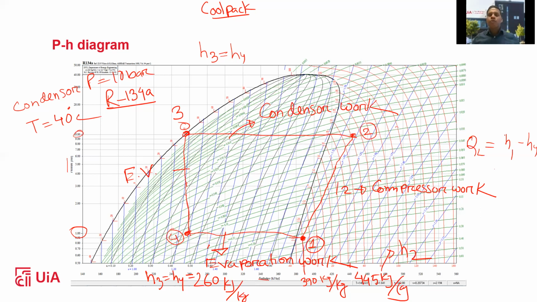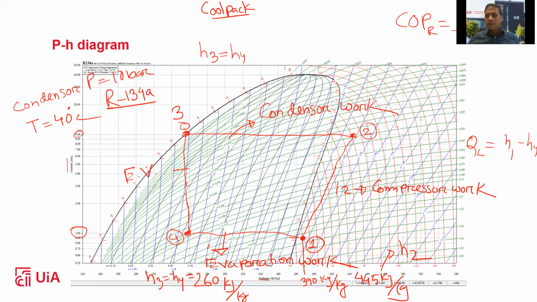So this is how you could do the refrigeration calculation. And if I ask you what is the COP for this case, the COP for the refrigerator would be the evaporation work or cooling capacity, this means the QL, divided by how much work. That means if you know H2 and H1, you can tell how much work you might need to run this refrigeration cycle.